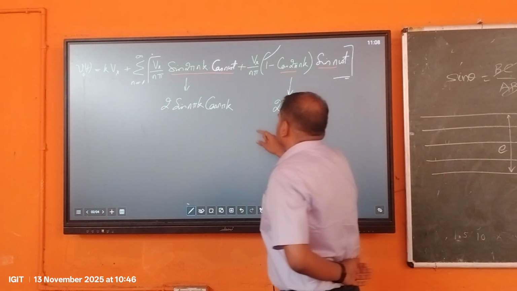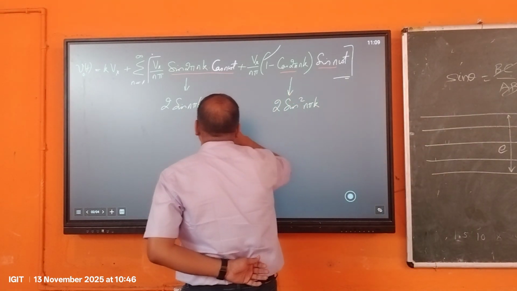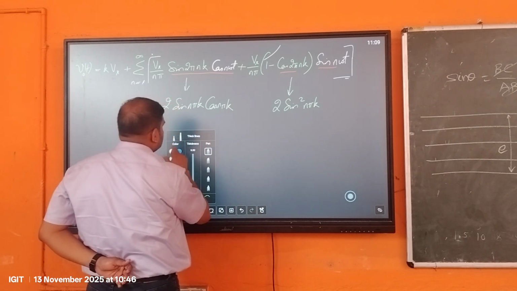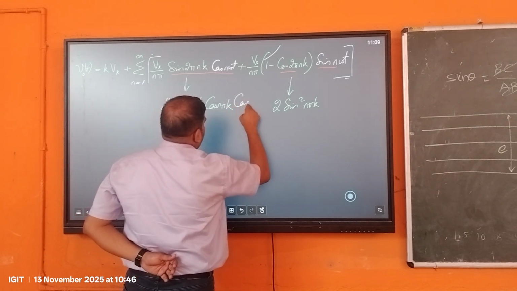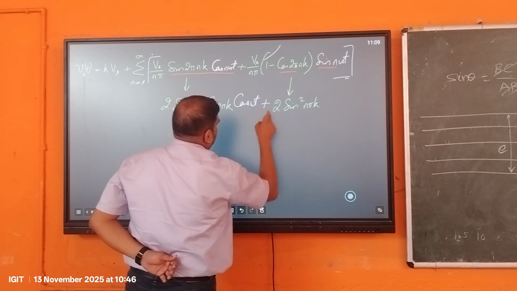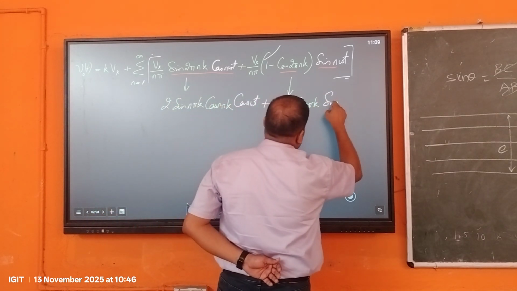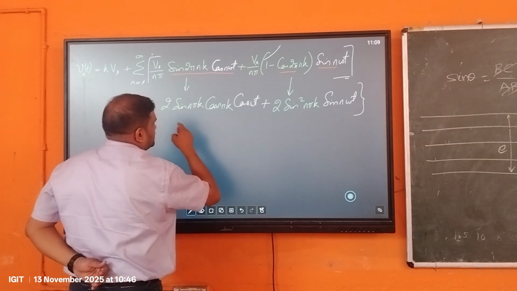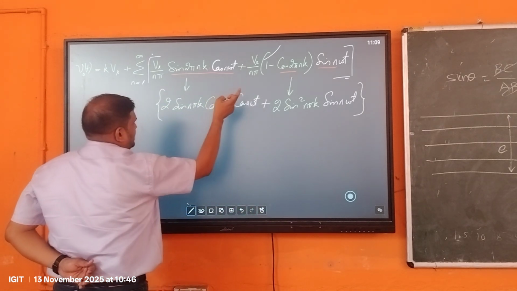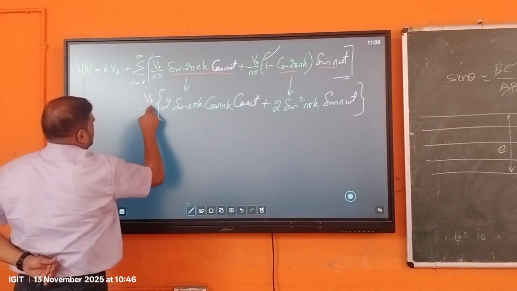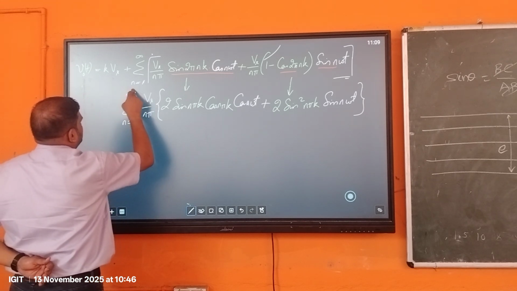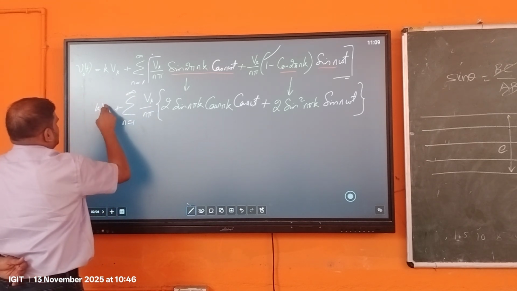Okay, if we substitute this one, we write the same thing here: cos n omega t, and this side plus sin n omega t, and we take this Vs by n pi common. Summation of n equal to 1 to infinity plus kVs, correct?